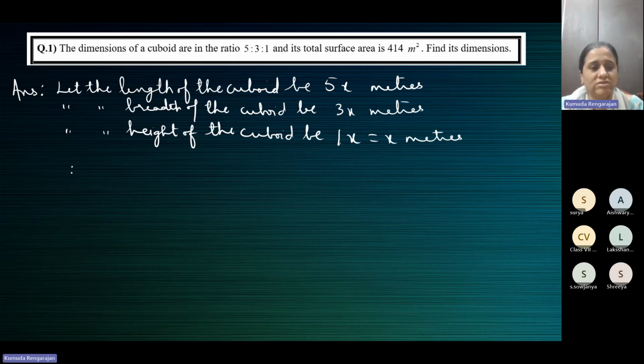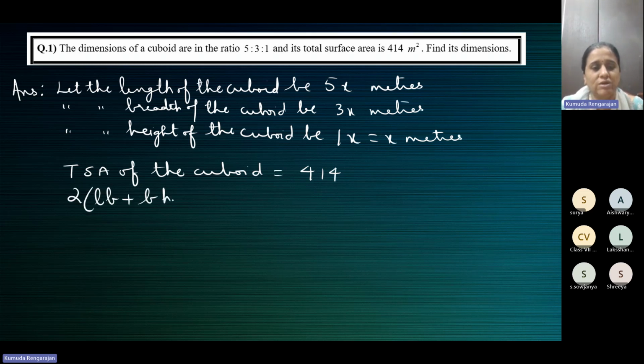Now we are given the total surface area. Total surface area of the cuboid is equal to 414. The formula to find the TSA of a cuboid is 2 of (LB plus BH plus LH) is equal to 414.